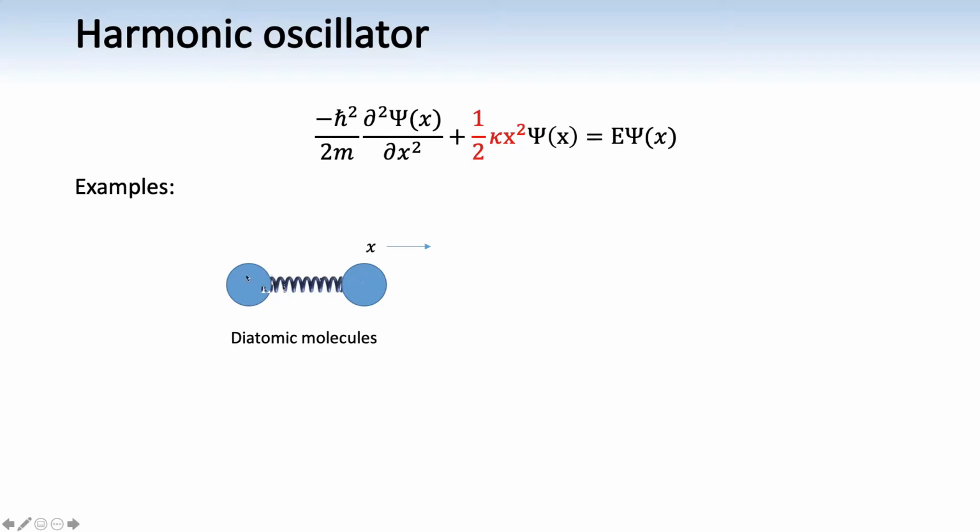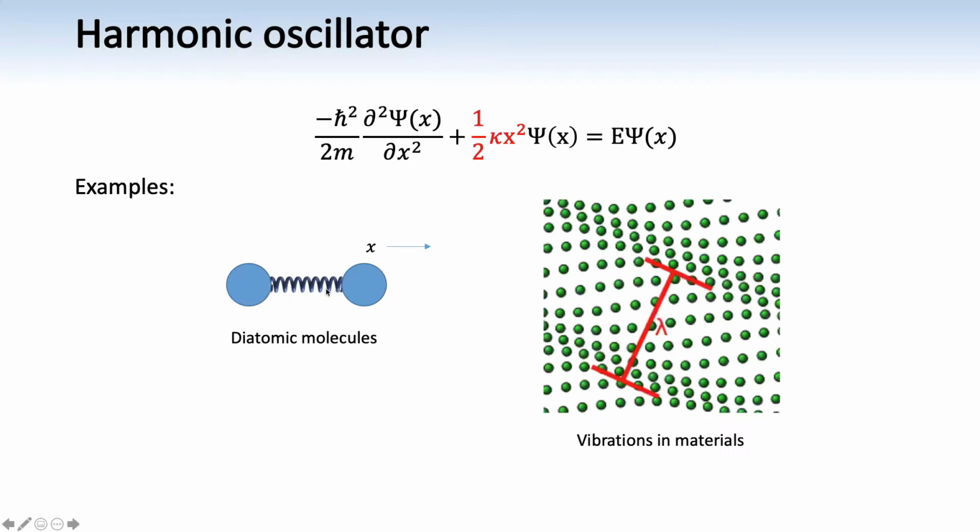So the atoms are going to vibrate as if they were held together by a spring. This is very general. We'll see that. Another application is sound waves in solids, for instance. Vibrations in materials are also described by harmonic oscillators.